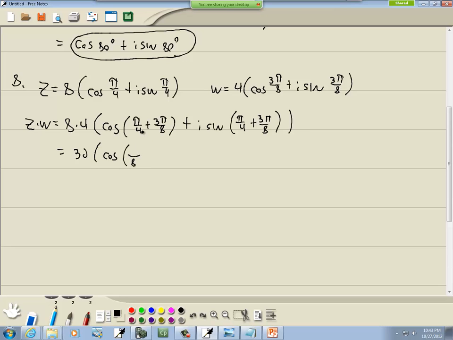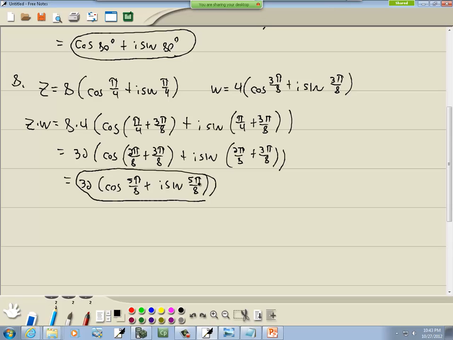So I multiply the bottom part by 2, so I have to multiply the top part by 2. So we've got 2 pi over 8 plus 3 pi over 8, plus i sine of 2 pi over 8 plus 3 pi over 8, which gives us 32 times cosine of 5 pi over 8 plus i sine of 5 pi over 8.